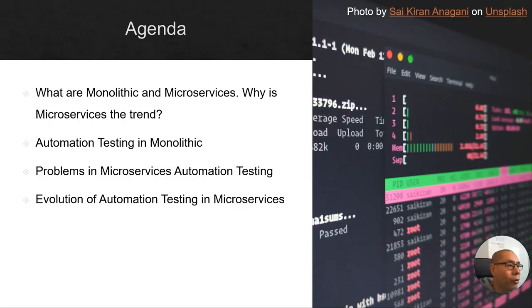Today, we have 4 topics. The first one, we will talk about the monolithic and the microservices, and I will show why microservices is a trend. Then the second topic, we are going to talk about what we did for automation testing in the monolithic system and how we did the automation test.